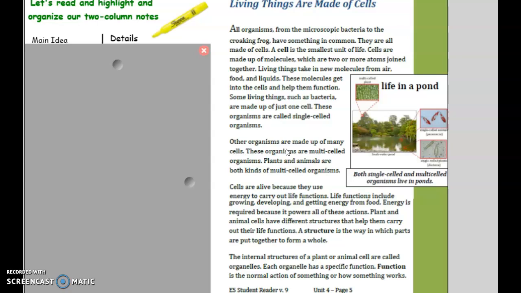It's kind of like the word organ that we know, like in our body, and that the cell is made in a way that it has a structure, so that ways in which parts are put together to form a whole, and that within that each have a function, a normal action of something or how something works. And we're going to be comparing in this project how an animal cell and a plant cell are actually kind of the same but also different.